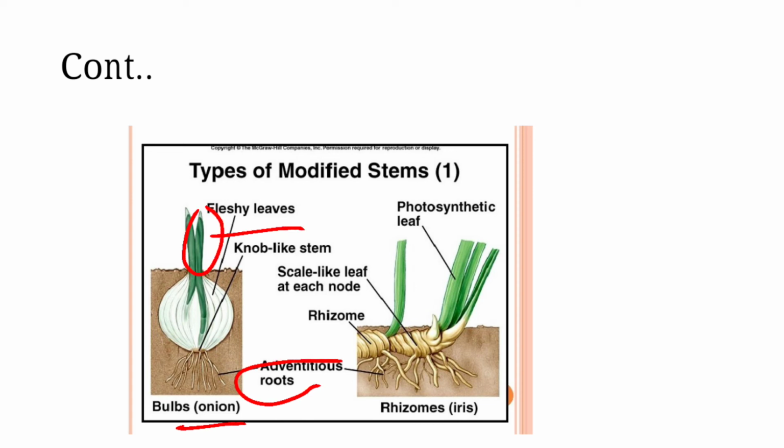So this is a rhizome with adventitious roots as well, and you're seeing these are photosynthetic leaves, meaning that when conditions are favorable, this stem can give rise to a new shoot.